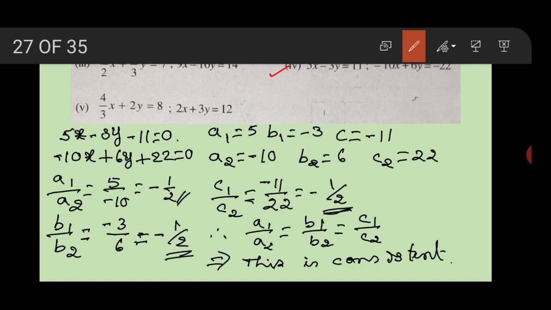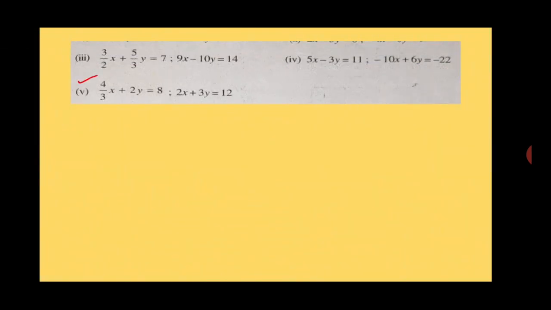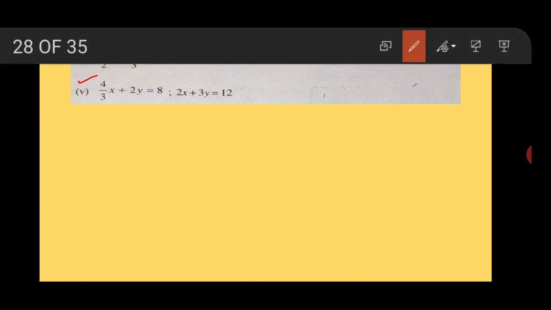Okay, next let us see the fifth problem. 4 by 3x plus 2y is equal to 8, 2x plus 3y is equal to 12. Again this is not in the general form, write it in general form. 4 by 3x plus 2y minus 8 is equal to 0.